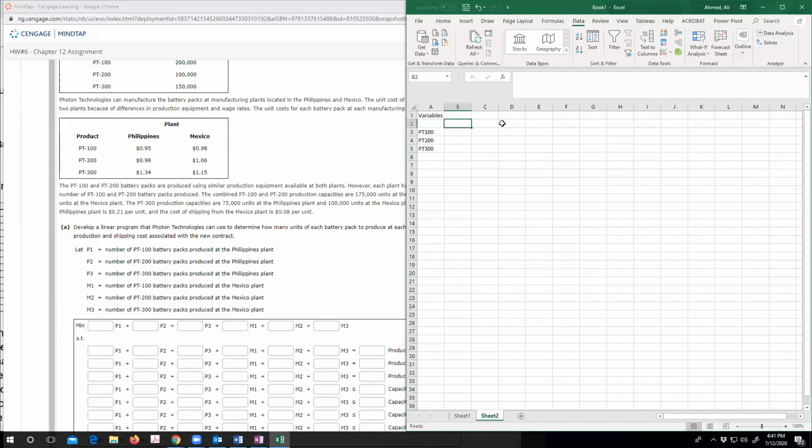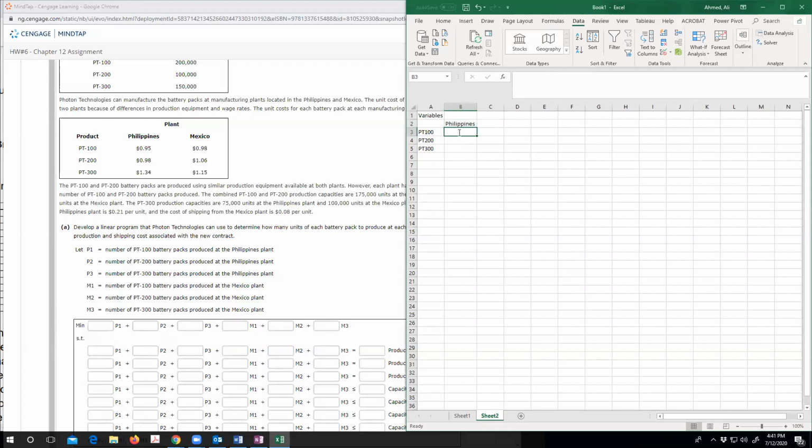These are three different things, and each variable can also be of two different types: Philippines and Mexico. I'm putting 0 because these are my quantities, the values which will be changing when you find the minimum cost.